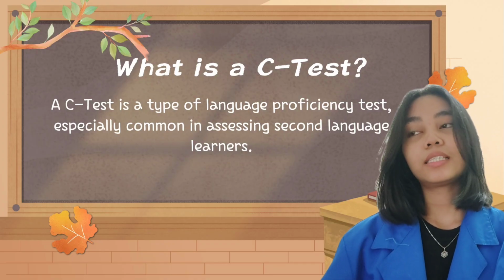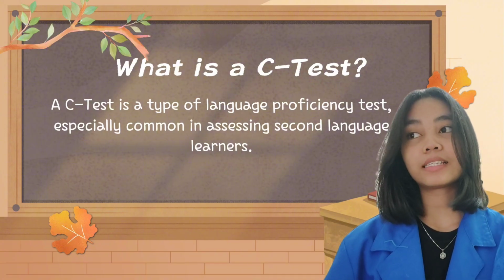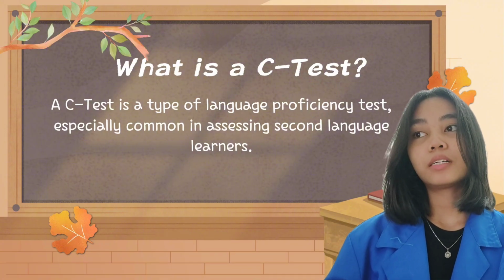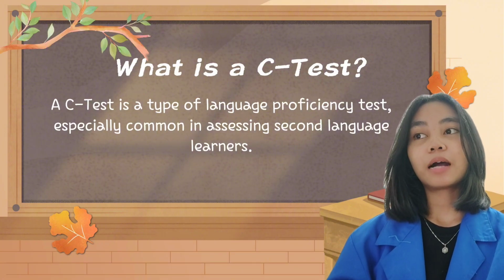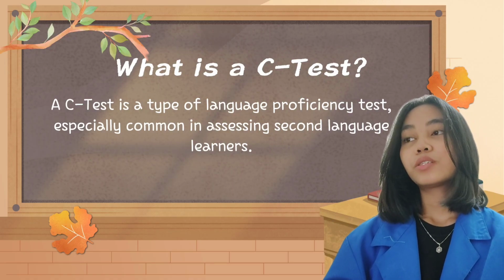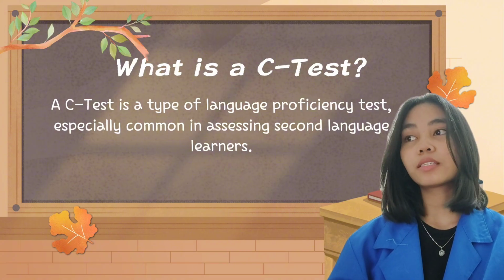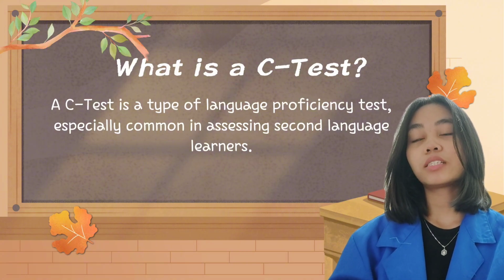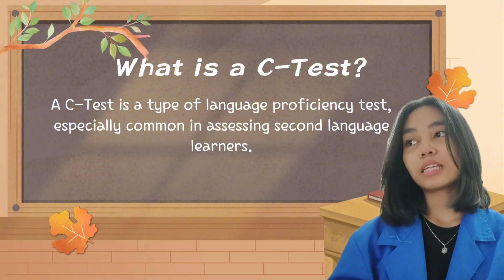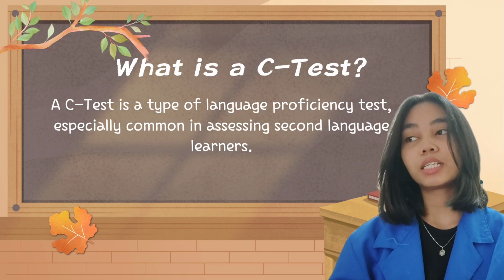So what is a C-test? A C-test is a type of language proficiency test, especially common in assessing second language learners. It is a closed test, but with a twist. Instead of blanking out entire words, the C-test blanks out the second half of every second word in a text.